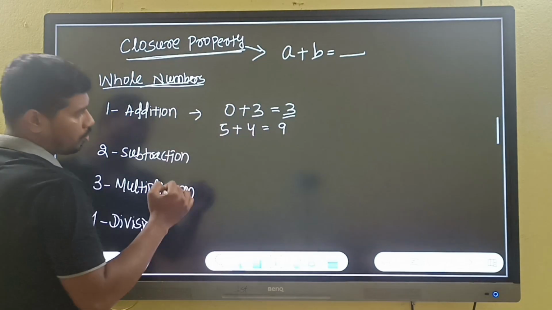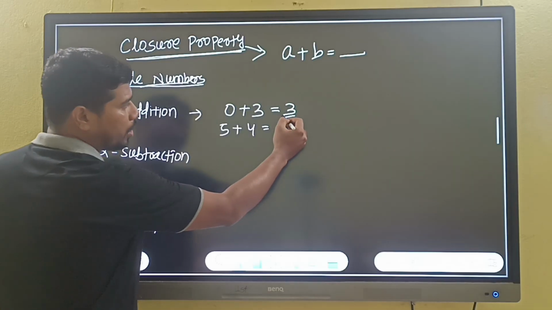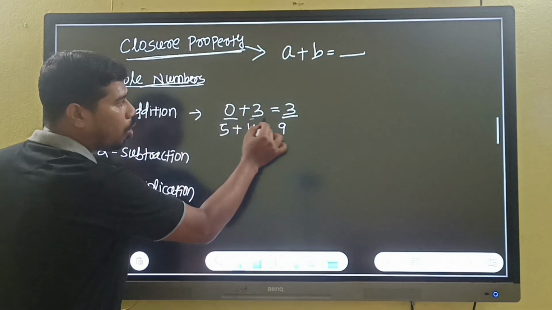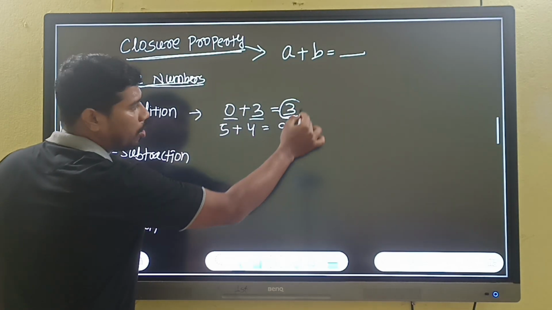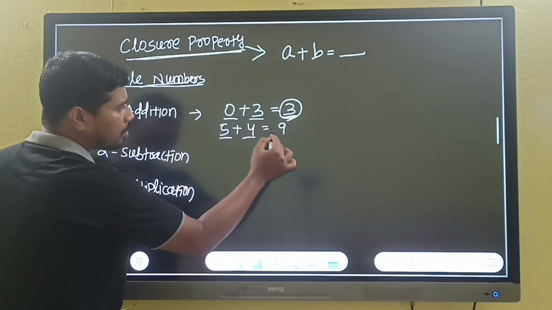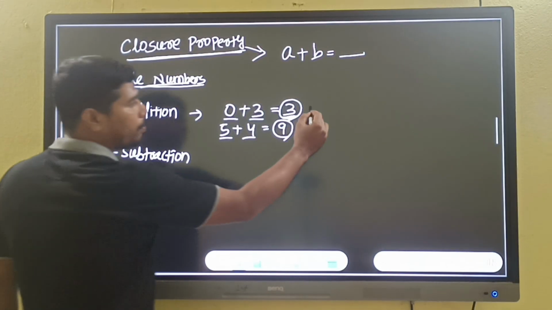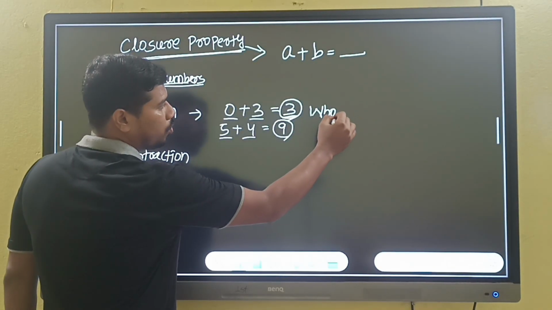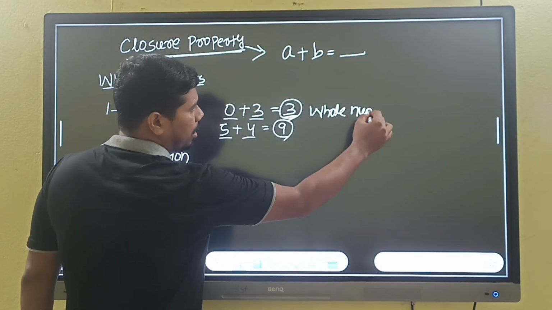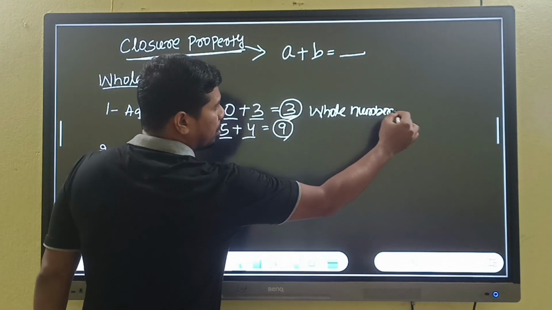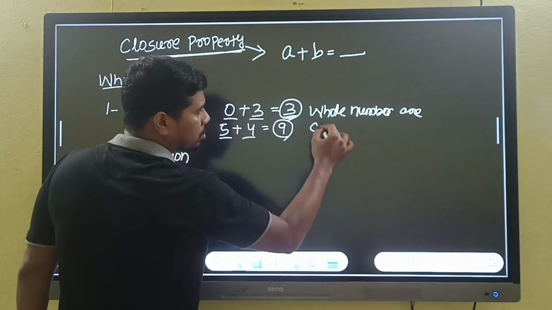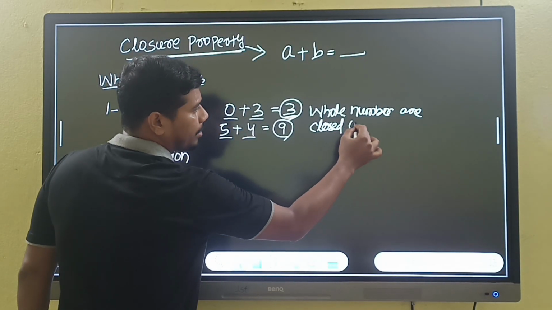So 9 is also a whole number. So here what we have got: if we add two whole numbers, the result is also a whole number. So we can write here that whole numbers are closed under addition.